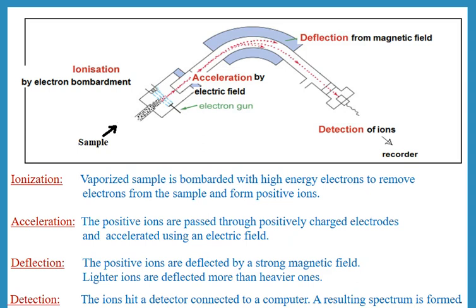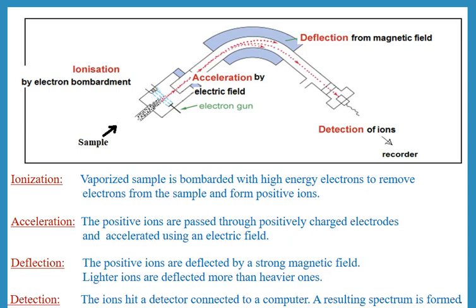Do we understand this? So, again, what's happening? We're passing vaporized sample into the instrument. The first thing that happens is ionization. The sample is bombarded by high energy electrons. Electrons are removed from the sample and positive ions are formed. Then we pass through positive electrodes that create an electric field.